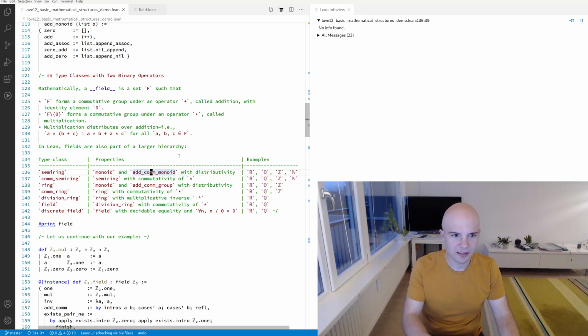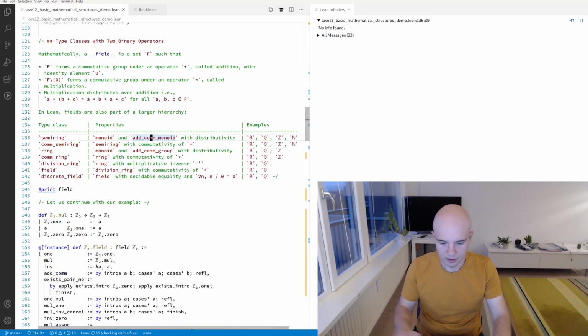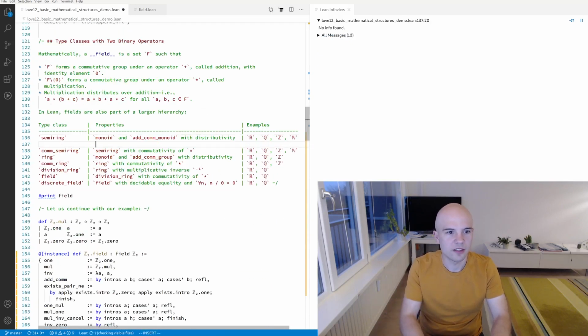There is one additional axiom here in addition to distributivity. The additional axiom is, of course, that x times 0 is 0 times x is 0. This is another property that we already have in a semi-ring.